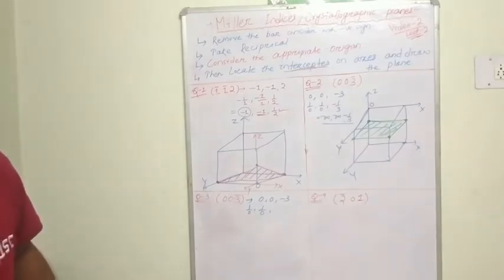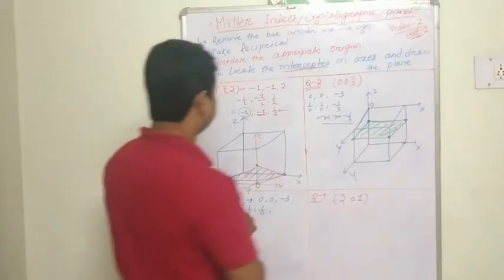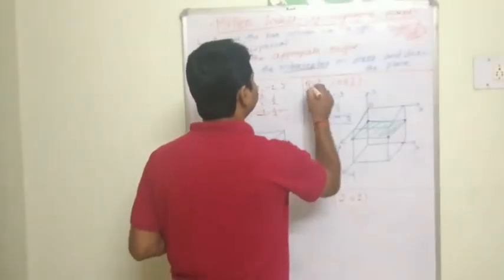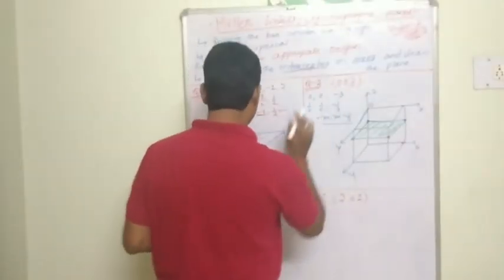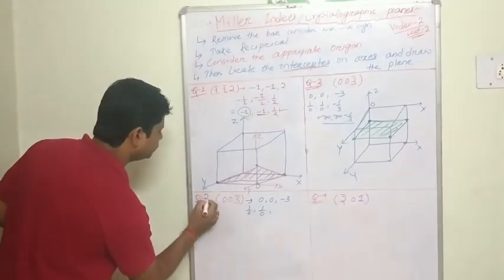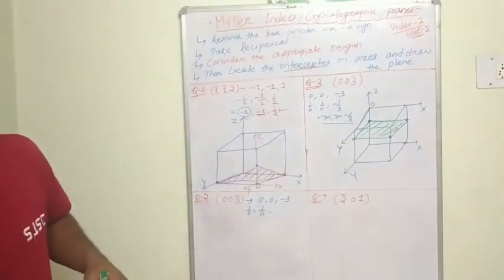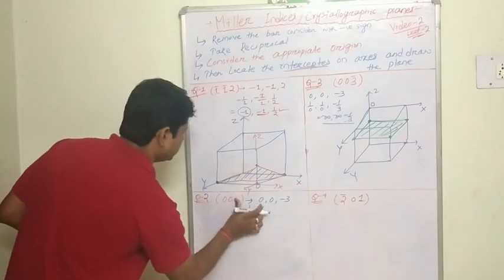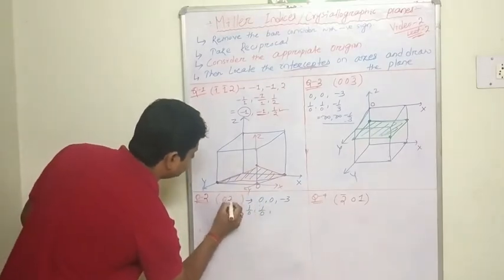Actually this is question number 3. I mistakenly wrote it. In your video you can see that this is question number 3 and question number 2 is 0 2 bar 0, that is 0 2 bar 0.